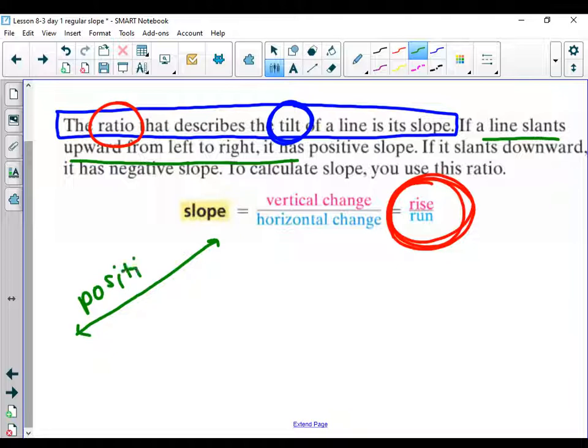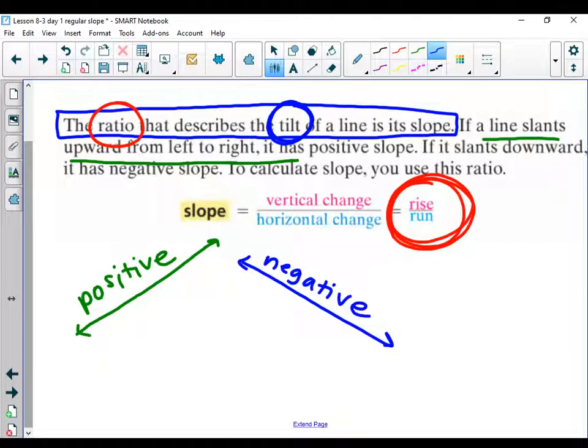If a line slants up from left to right, that has a positive slope. If it slants down, it has a negative slope.